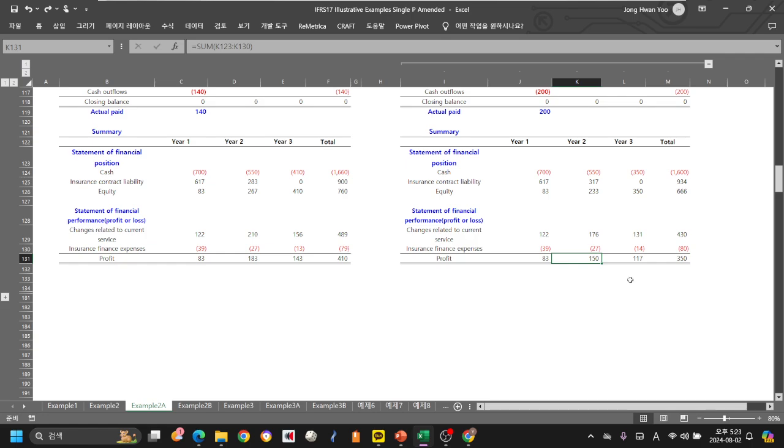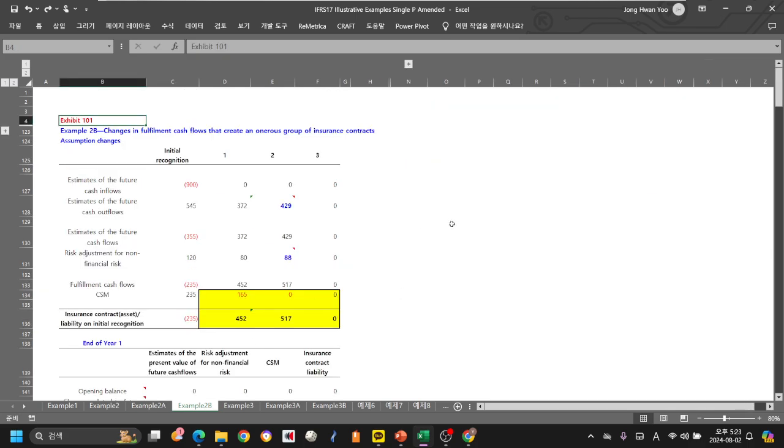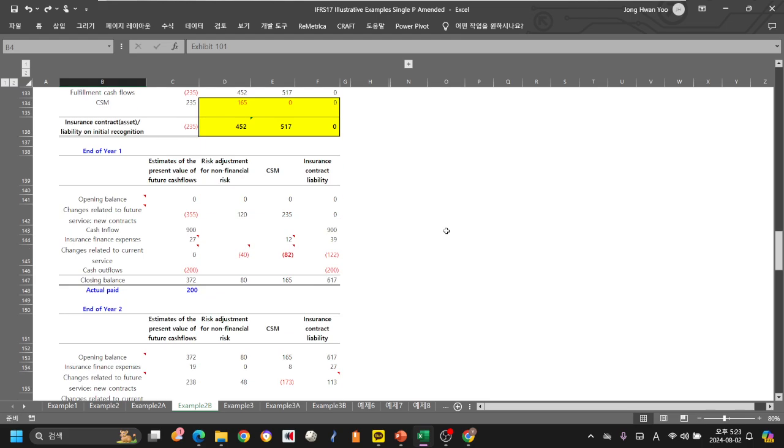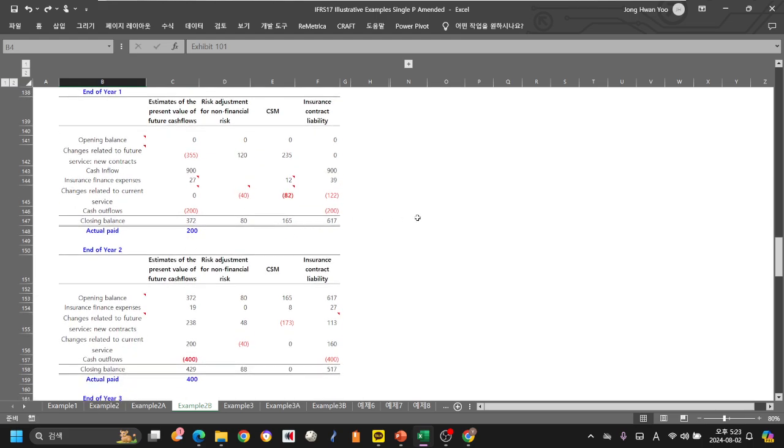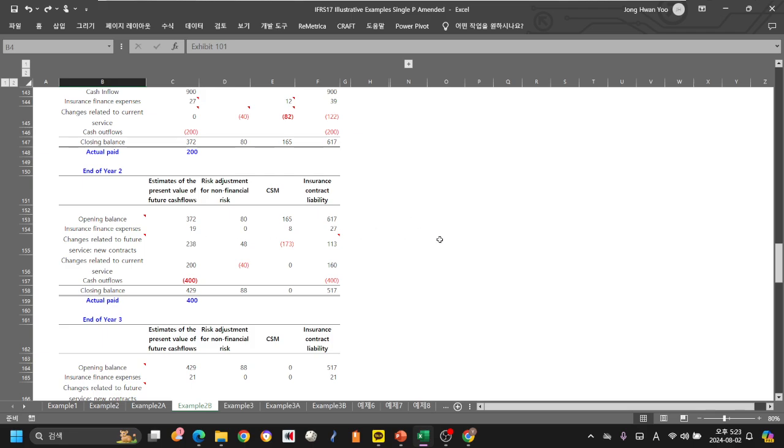Okay. And the second example is any fulfillment cash flow change that turns the group into an onerous group of contracts. Let's say year 1 is the same as before. In the second year, actual payment results in, let's say, 400 instead of 200.